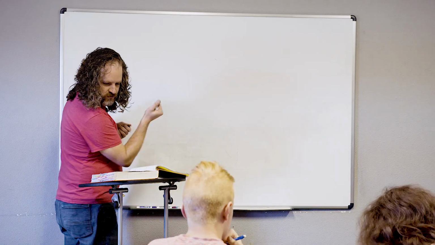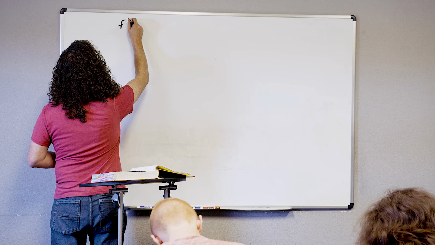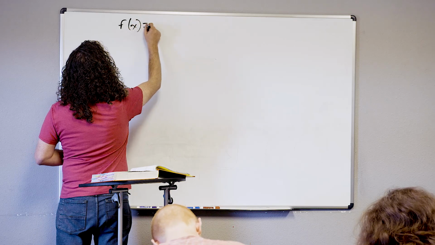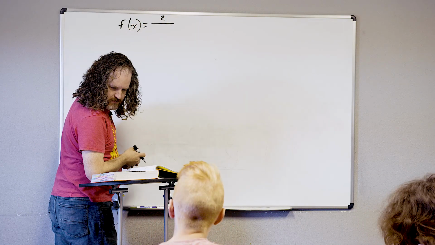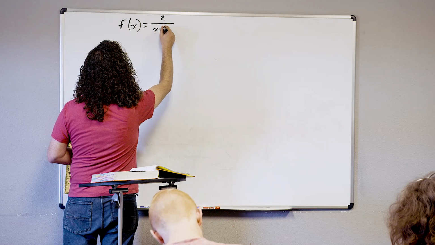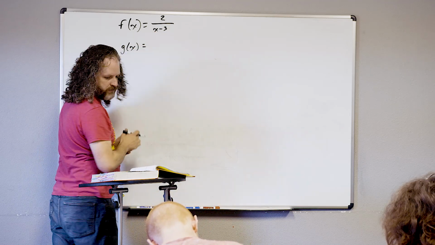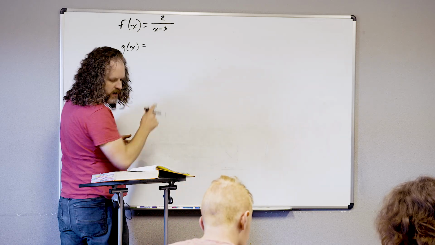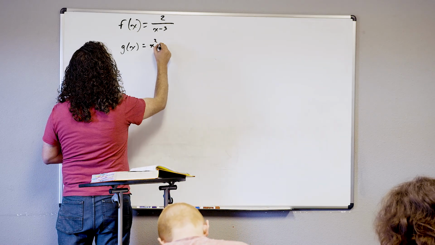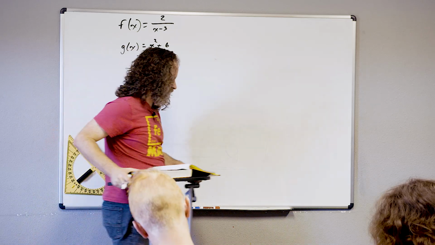Number 22, f of x equals 2 over x minus 3, and g of x equals x squared plus 6. And we're supposed to find f of g of x.